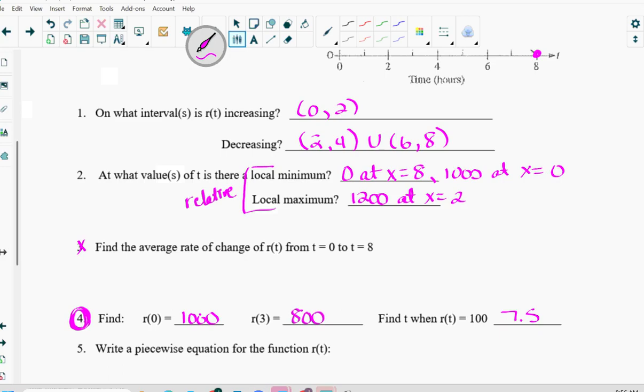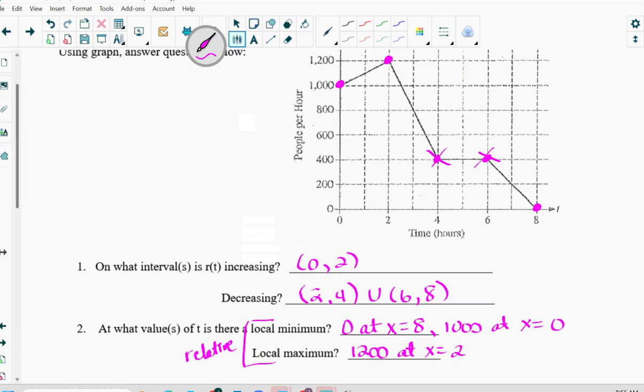Okay, so it says find T when R of T equals 100. So I'm just going to draw a line here at 100. There's 100, right? That's the point we're talking about. What is the x value that goes with that? Do we see how this is 7, so that's 7.5? Okay, you're just working in reverse.